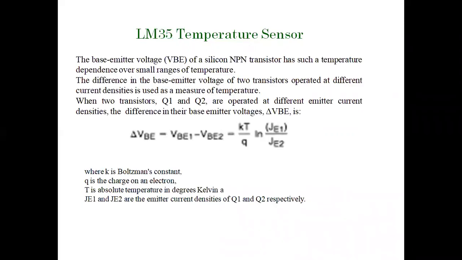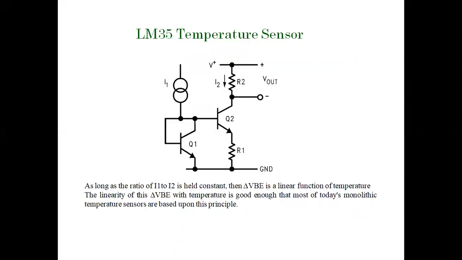Temperature is the variable, and the resultant change in voltage varies with it. The linearity of delta VBE with temperature is good enough that most of today's monolithic temperature sensors are based upon this principle.